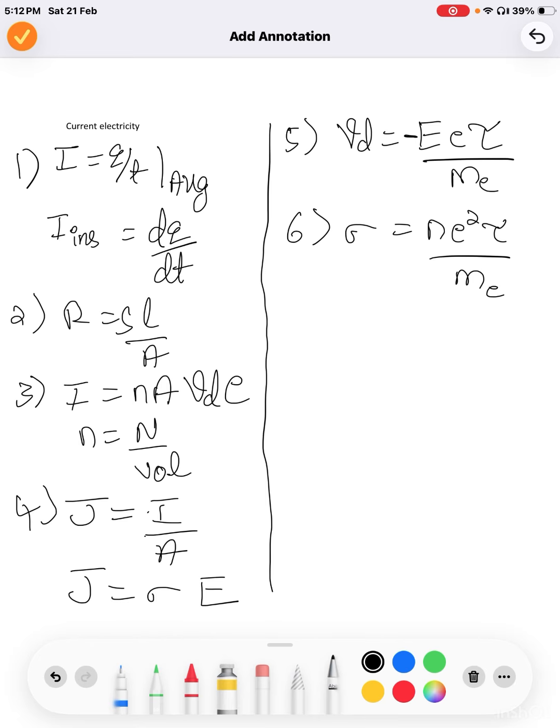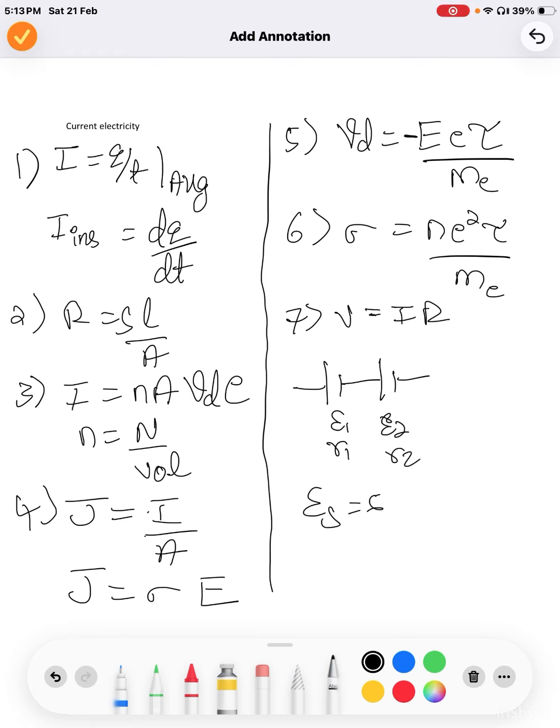And from the Ohm's law, ನಮಗೆಲ್ಲ ಗೊತ್ತಿರೋದು V equal to IR. And next ಬರುತ್ತೆ combination of cells. ಏನು ಬರುತ್ತೆ combination of cells ಅಲ್ಲಿ series combination. E1, R1, second cell E2 and R2. So the series combination is E1 plus E2. What about resistance?